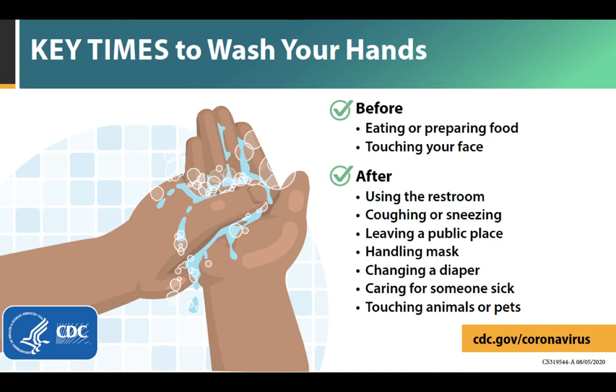This information is coming from the CDC. So we do consider the CDC to be a very reliable source in giving us recommendations on how to prevent and control infectious diseases.